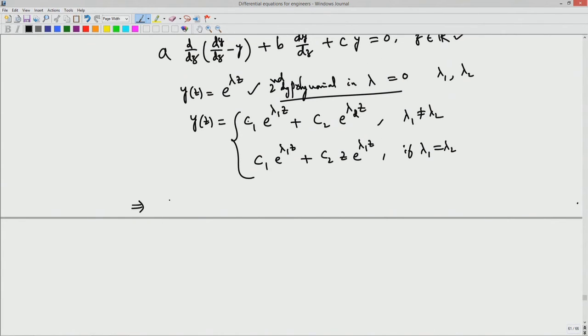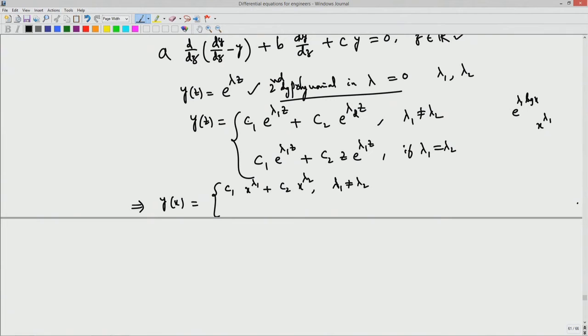So this will finally give me y of x as C1 e power lambda 1 log x, which is actually x power lambda 1, plus C2 x power lambda 2, if lambda 1 is not equal to lambda 2. This is for x positive. If x is negative you will have minus x power lambda 1, that is mod x power lambda 1.